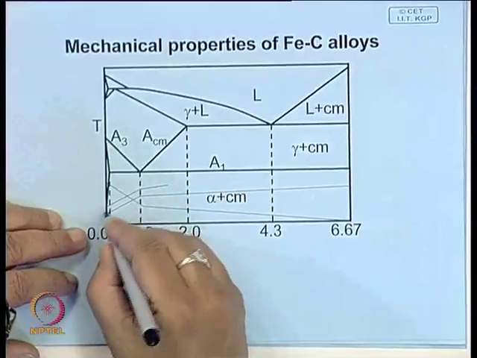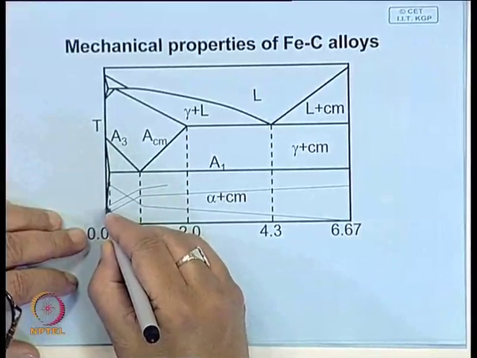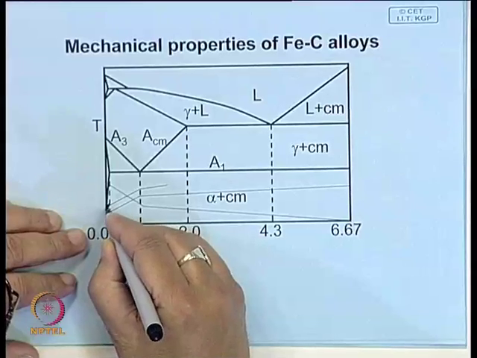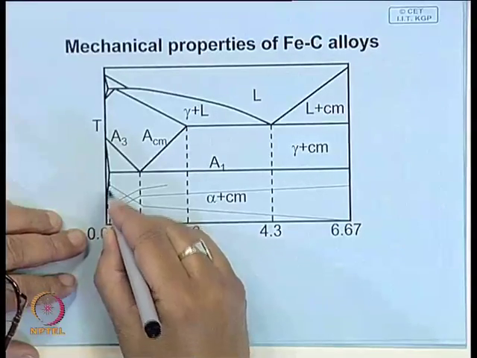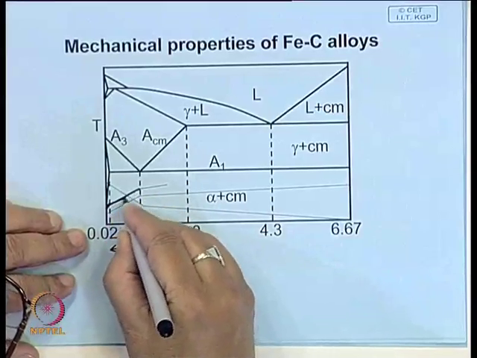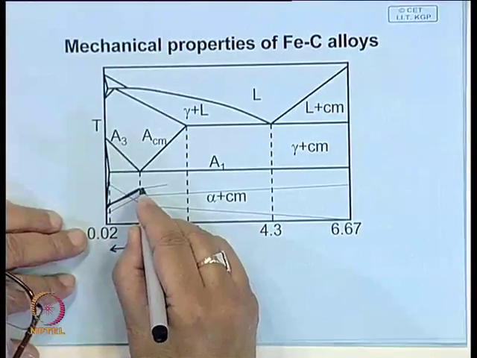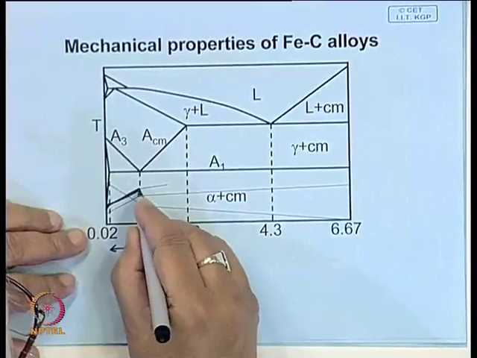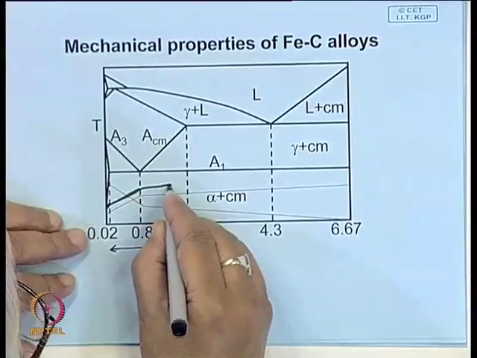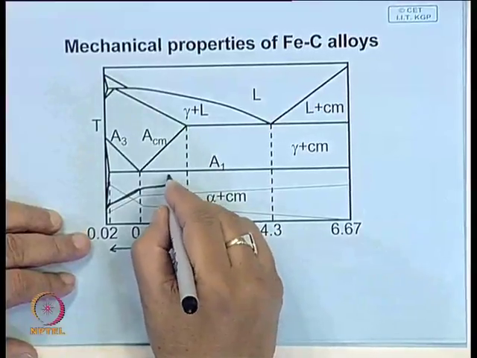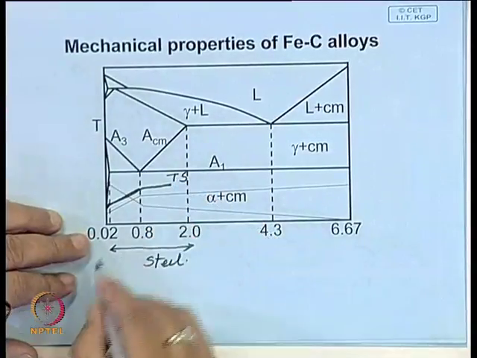There you will find, if you increase the carbon content in this portion, there will be a slight increase because of solubility, and then this part is linear, and then around here you get the optimum property, and thereafter the property increases very slightly. So, this is the tensile strength.